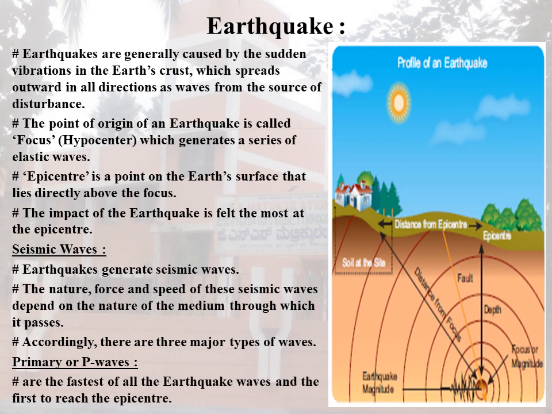P waves are the fastest of all the earthquake waves and the first to reach the epicenter. This is called P waves, in the right side of your picture.